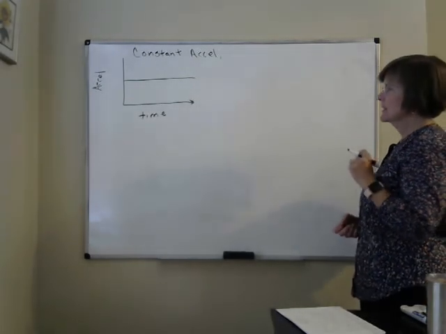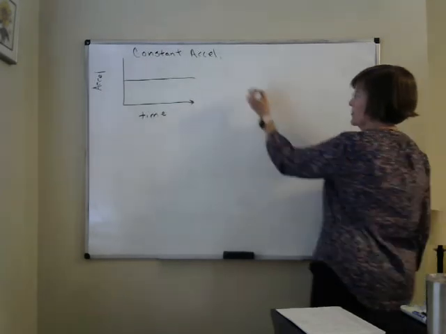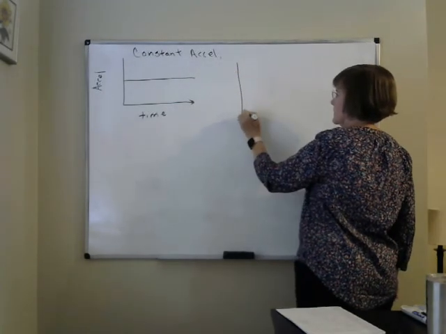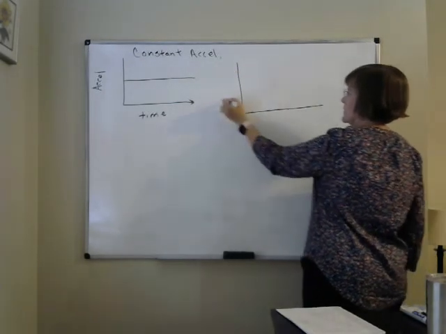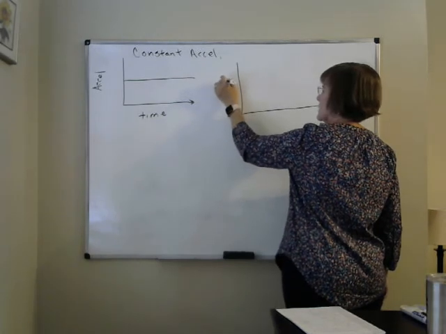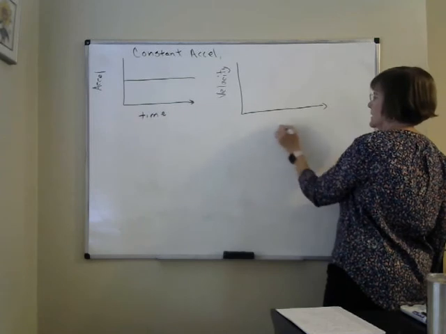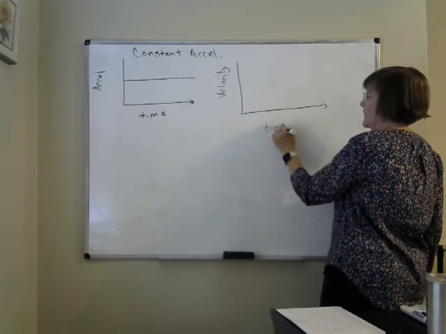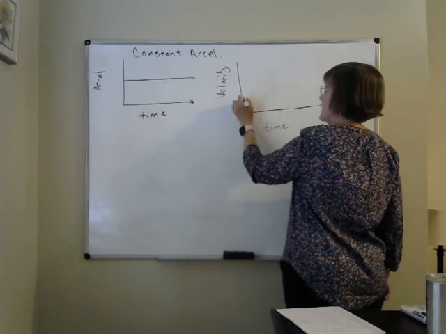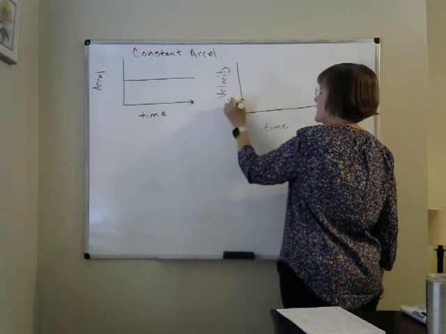What would velocity look like with constant acceleration? This is time again. Well, if I think about it, I'm going to start with some initial velocity. I'm going to call that v0.